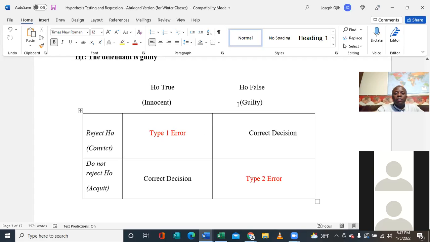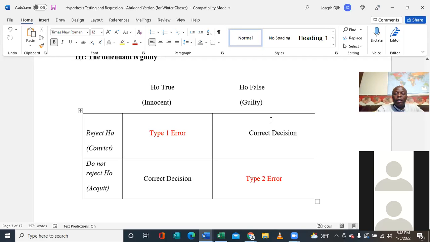Now, if he's guilty and there's enough evidence for the jury to convict him, then the jury has made a correct decision. Now, if the defendant is innocent and there's enough evidence to prove that he's innocent, that means they do not reject H0. That means he's acquitted. Then they have made a correct decision.